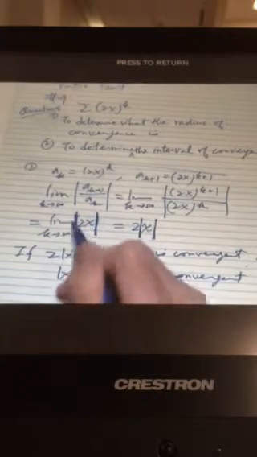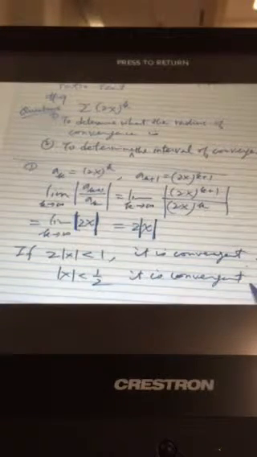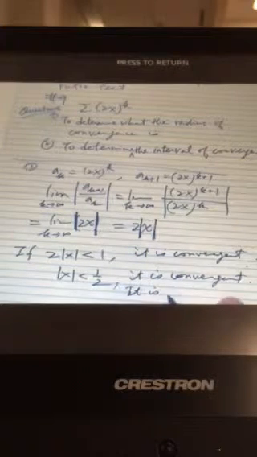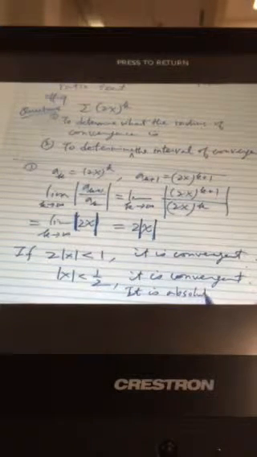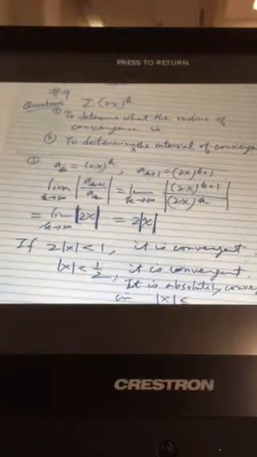But since we're taking absolute value, it is absolutely convergent for absolute value of x less than 1/2.